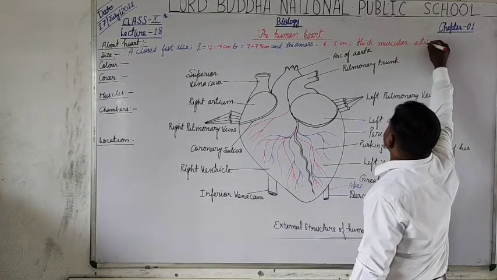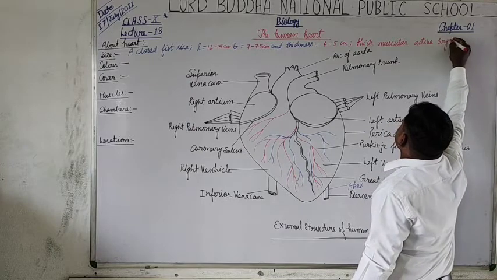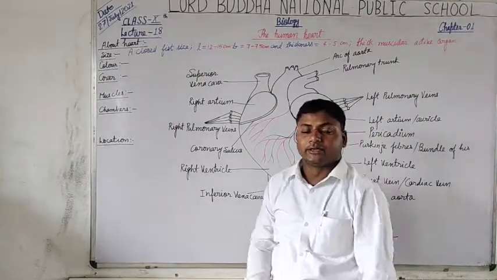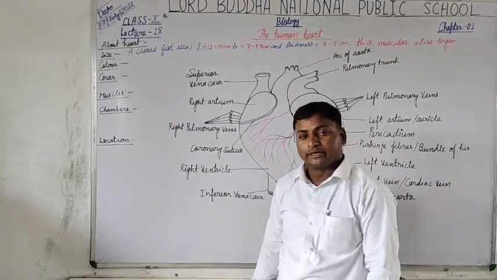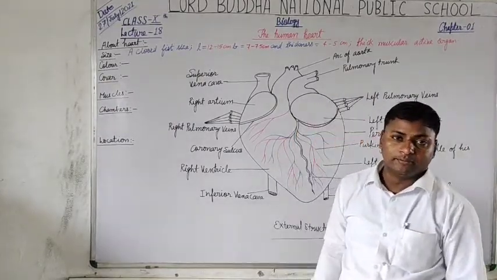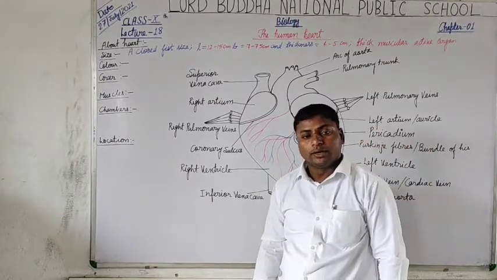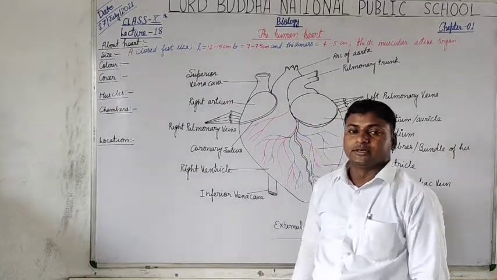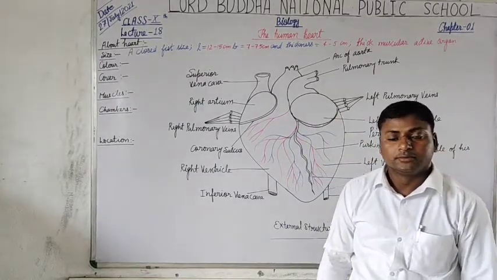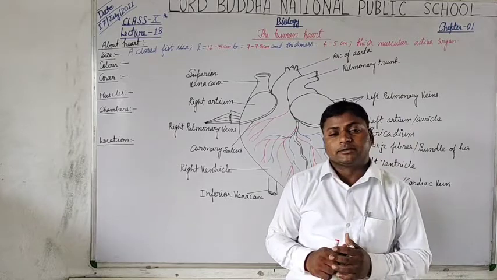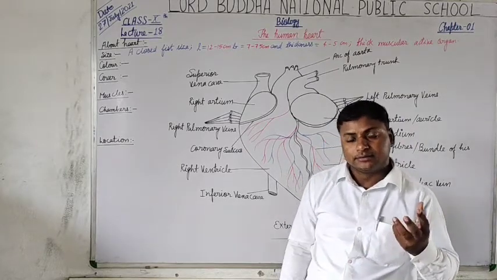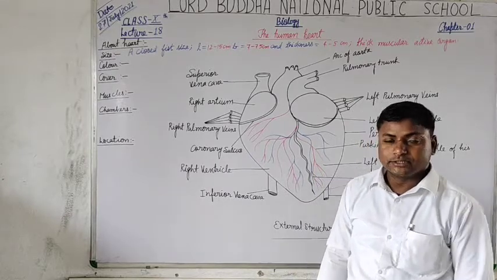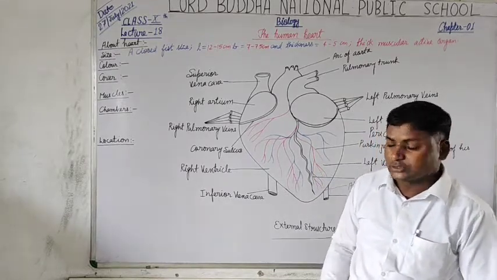You can say active organ because it is always active from embryonic development to the end of life. Why is it always active? What are the parts, or the tissue, which make it active, we are going to discuss in this topic.